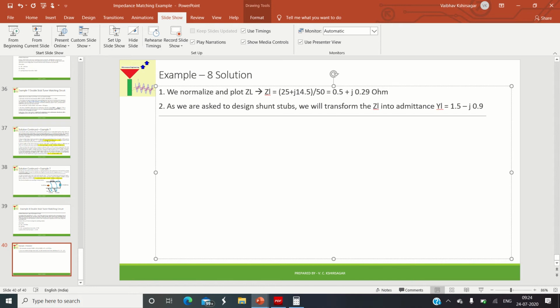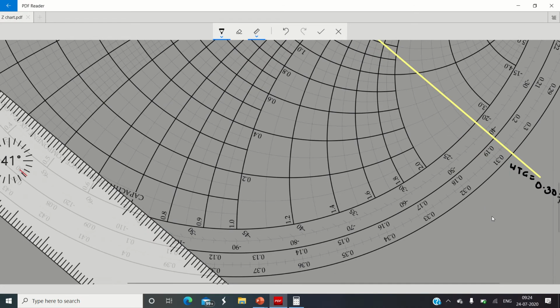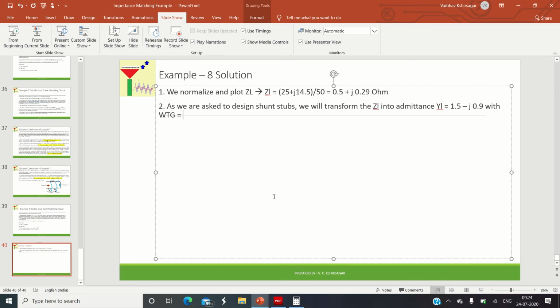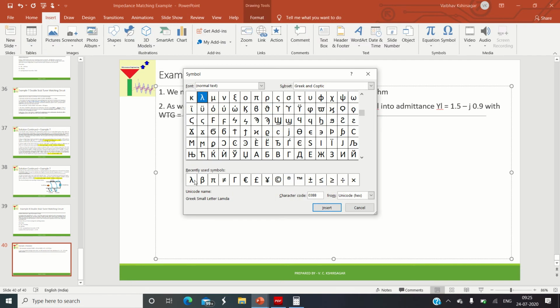We also need to write the WTG. We already wrote the value here: 0.307 lambda. So coming back over here, the WTG I have got is 0.307, and I will insert the lambda symbol.